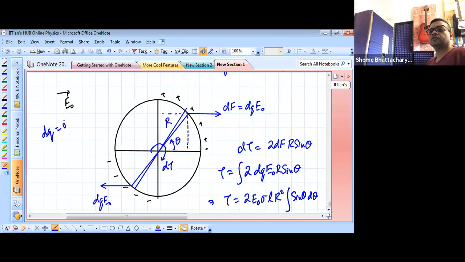Because your dq will be sigma into dA. It will be sigma into L into R d theta.